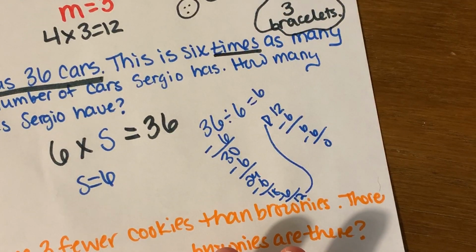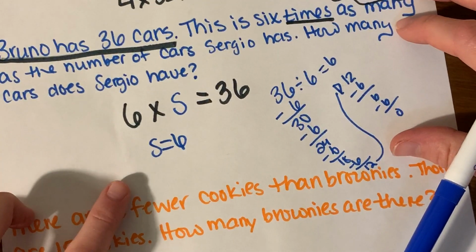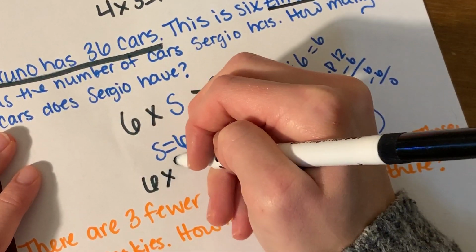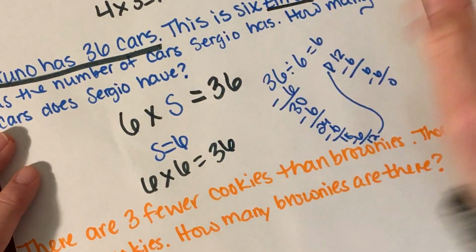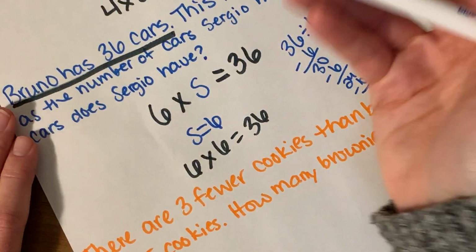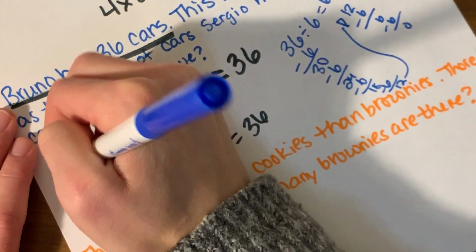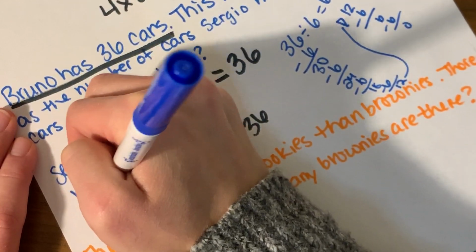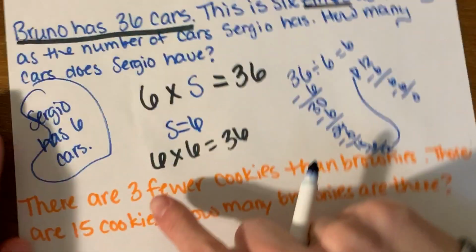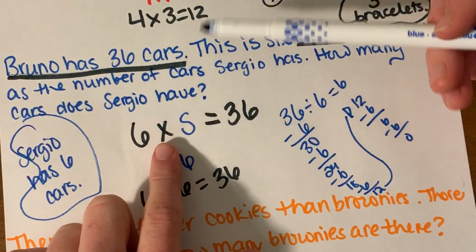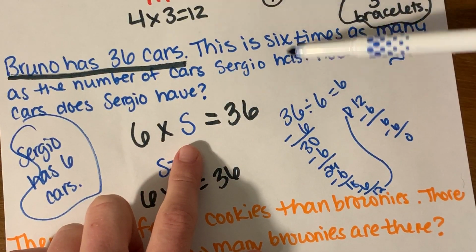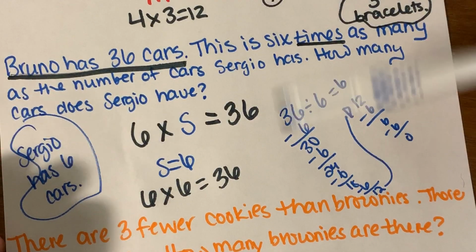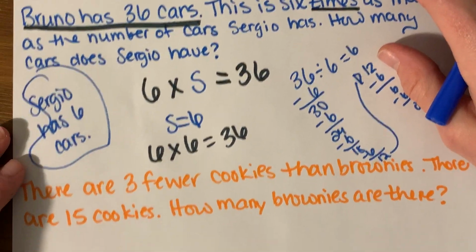So we could do it like that if we didn't know the answer. We could use repeated subtraction. So I know then that 6 times 6 gives us 36. So we can say that Sergio has 6 cars. That shows that he has 6 times as few cars as Bruno, because we know that Bruno has 6 times as many cars as Sergio.